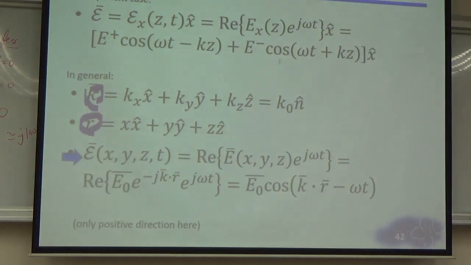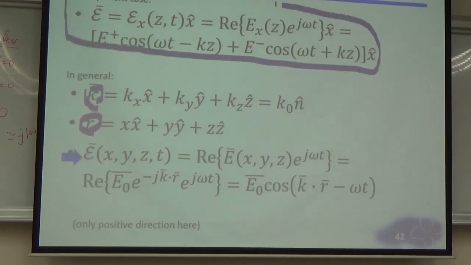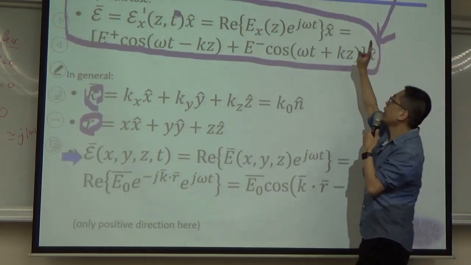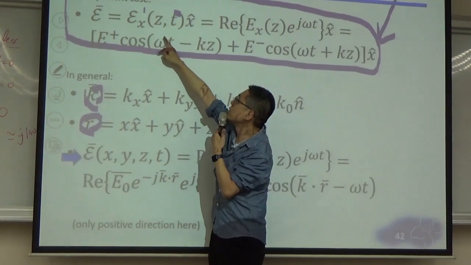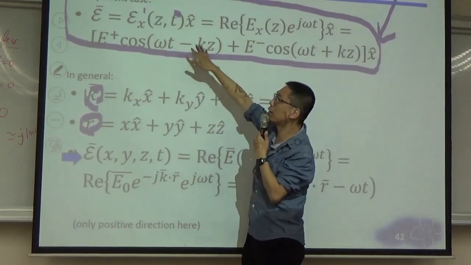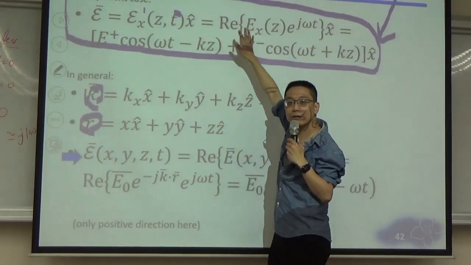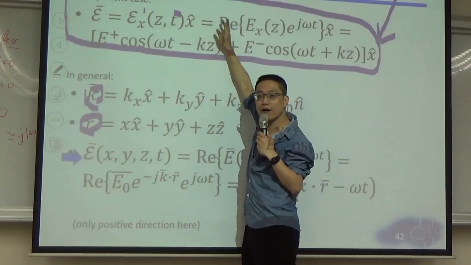Let's start from the easy case. This is what we discussed so far. We have only the x component, moving in the z direction. This is the old story we have discussed so far.